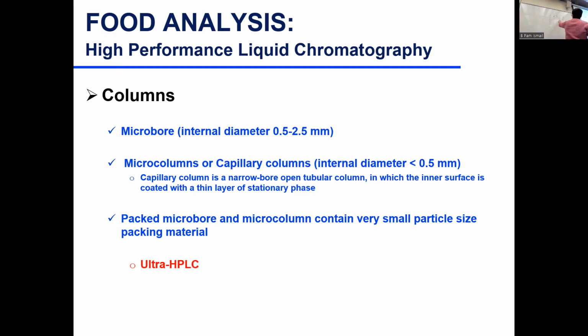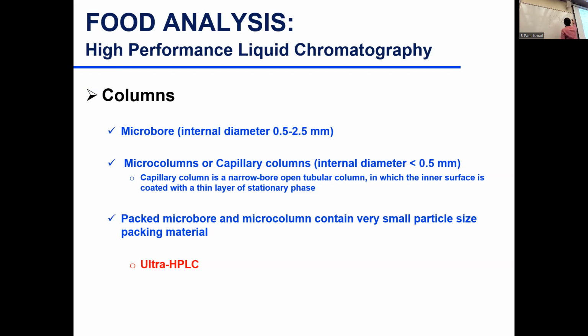So you go for capillary and/or microcolumns. But if you care for capacity, this would not work for you. You want to go for microbore. So it really depends. And also if analysis time is an issue, a capillary column is much faster.